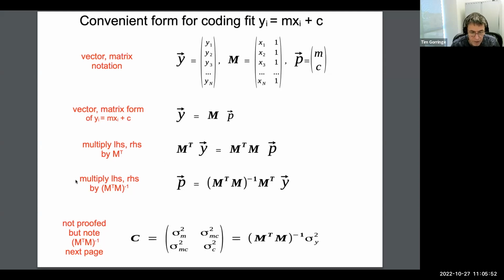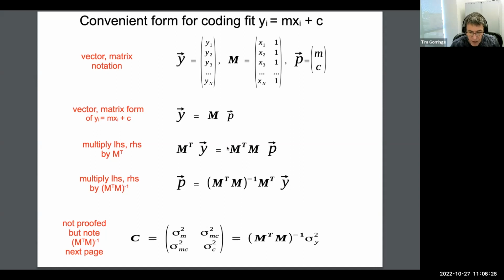Next step. I multiply again the left-hand side and the right-hand side by this quantity here. This is the inverse of the product of the transpose matrix and the matrix itself. When I do that on the right-hand side of this equation, what's going to happen?